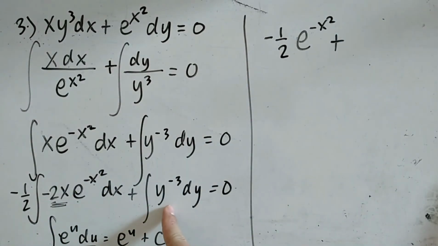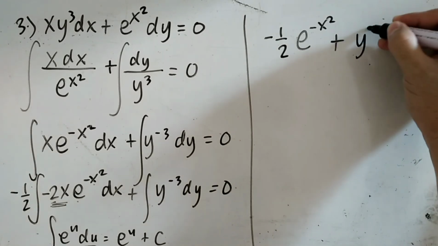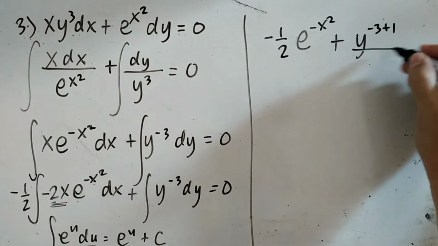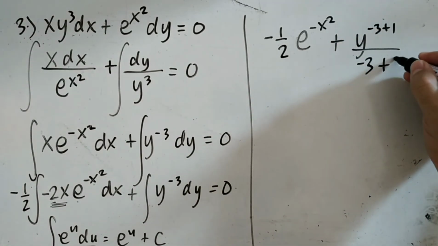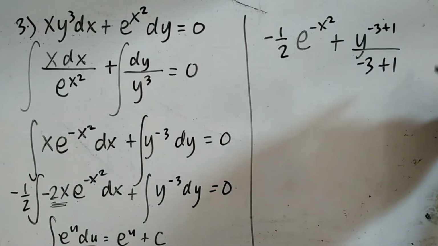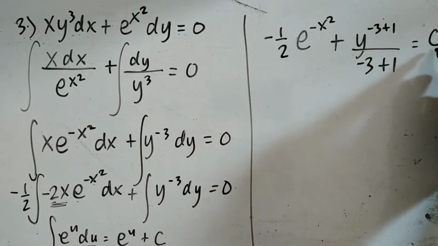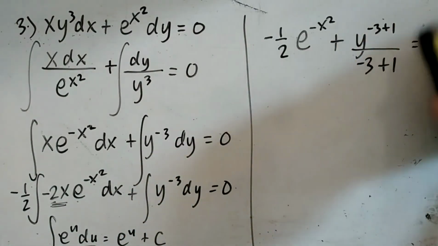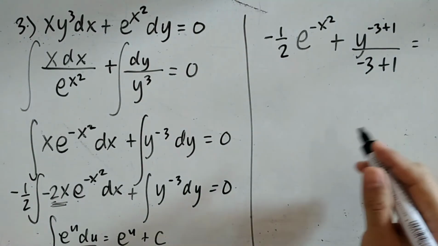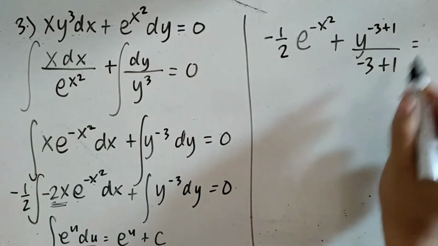Plus, this is a case of a simple power rule where we have y to the negative 3 plus 1 over negative 3 plus 1 equals c. Again, we can have c here, but then we can adjust this so that we can easily simplify our equation. But we'll first simplify this.